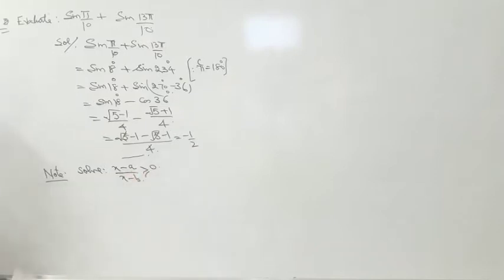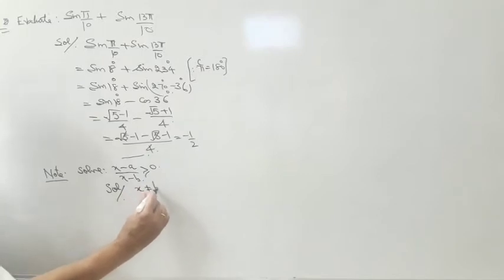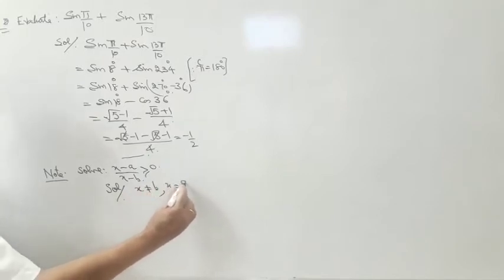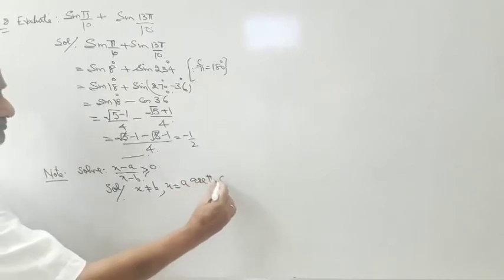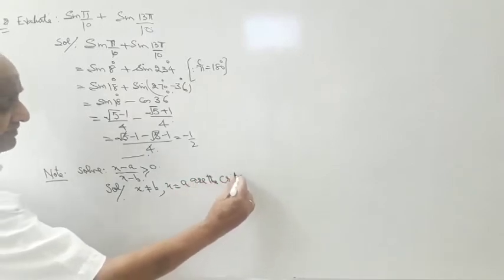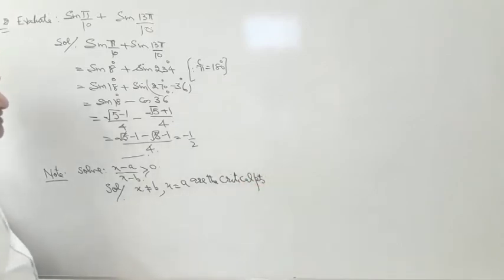Find the solution set of this. Here in the solution set, clearly x is not equal to b, and x equal to a, are the critical points. This in detail you will study when we go for inequations.